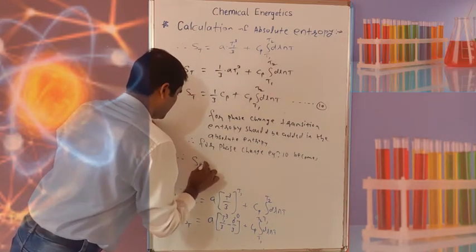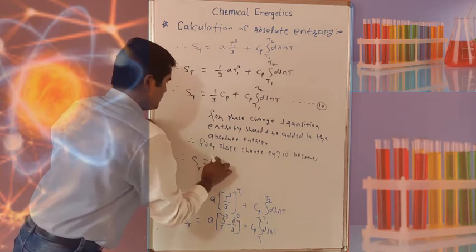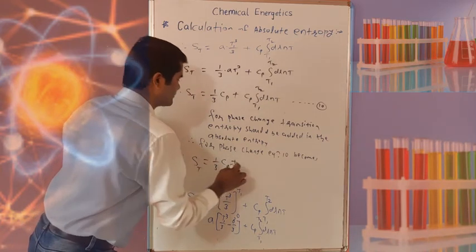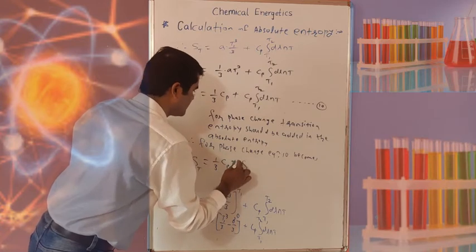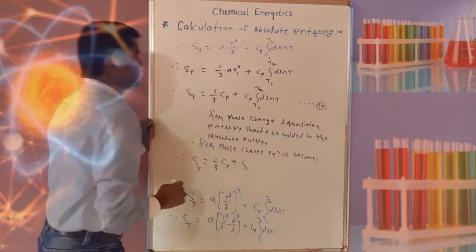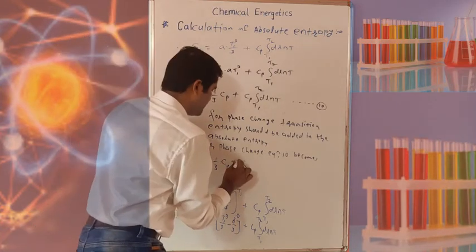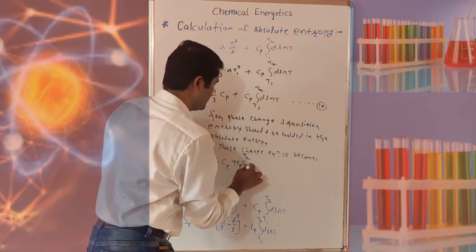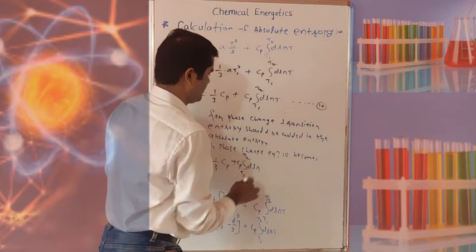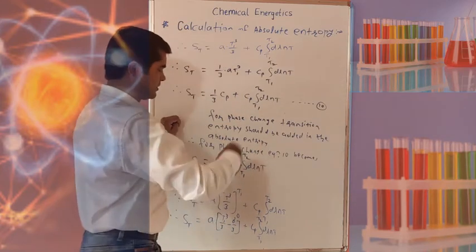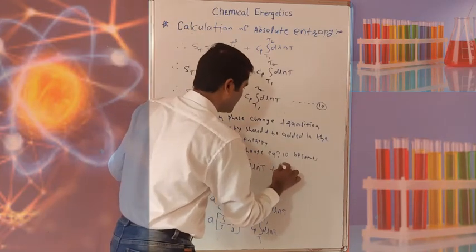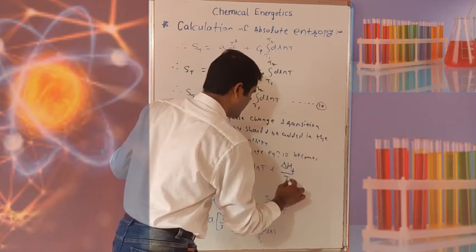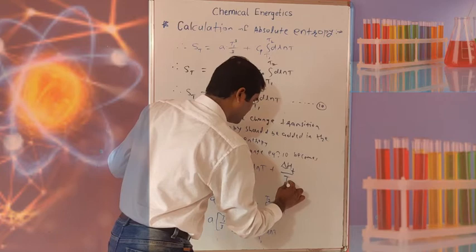St is equal to 1 by 3 Cp plus integration of Cp T1 to T2 d ln T. This one we can also calculate, and plus delta H of transition upon temperature of transition.